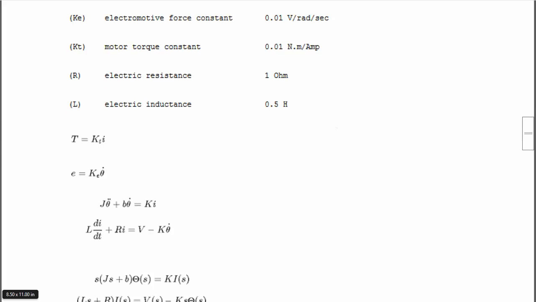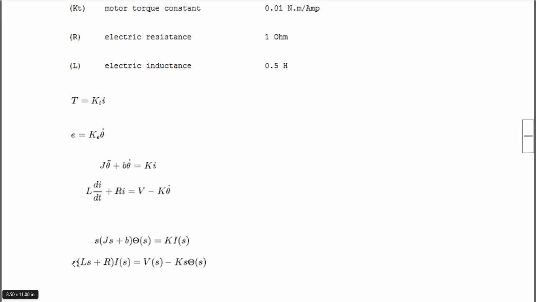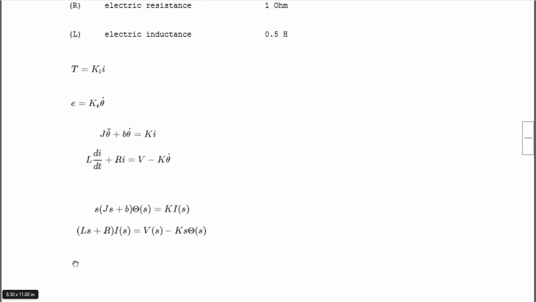And then we got the transfer function. We applied the Laplace transform on the above equations, and that's how we got the Js plus B equation.